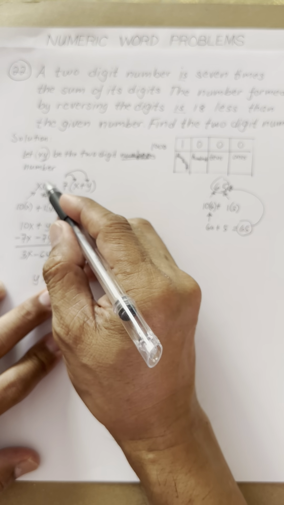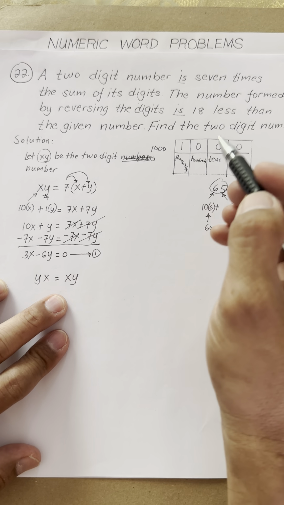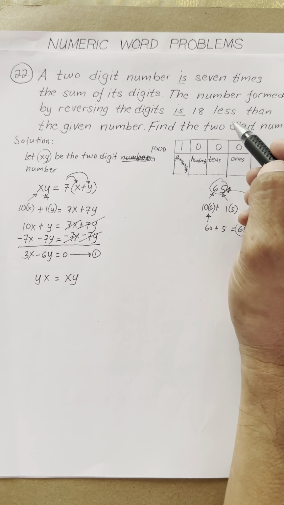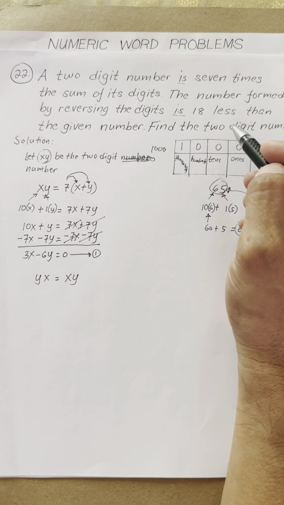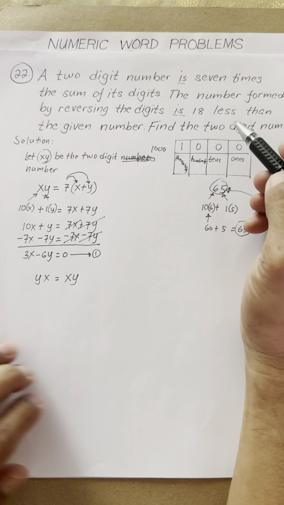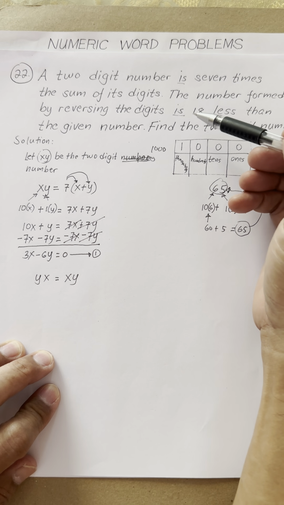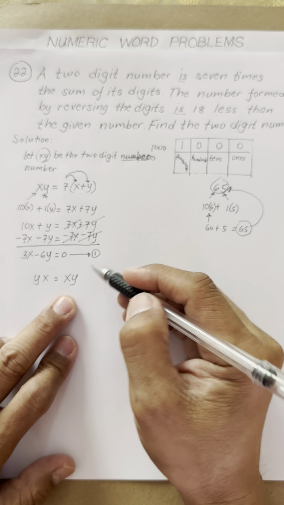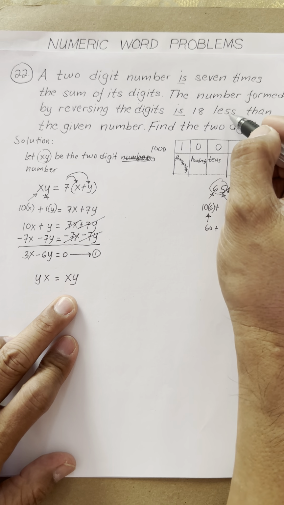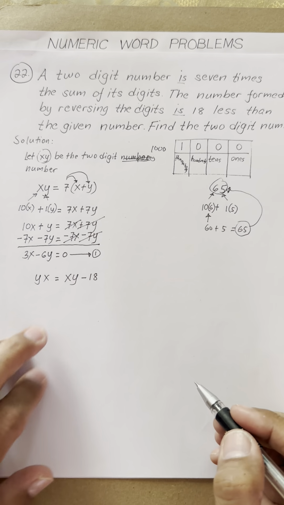The given number is xy. 18 less. So we know that in numeric word problems, the addition and subtraction statements are quite often written backwards. So we have to read it in this way. It says 18 less than the given number. So the given number is xy, then 18 less. So it means minus 18.